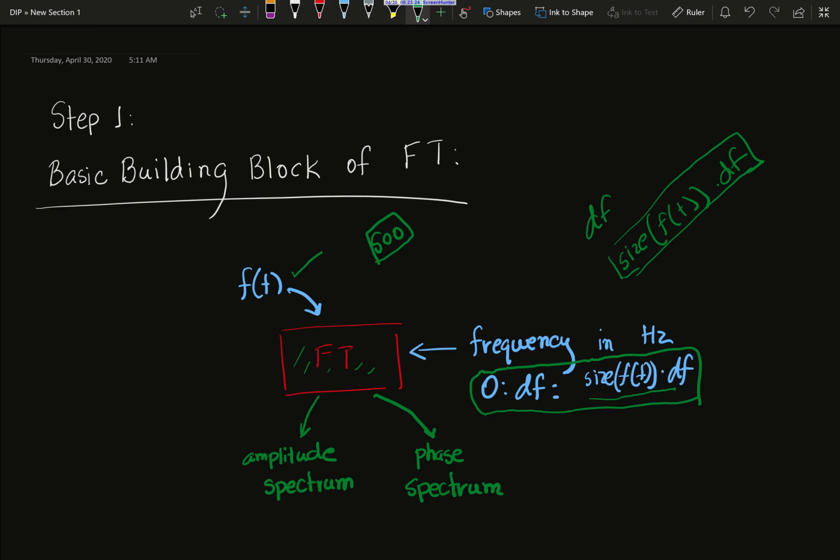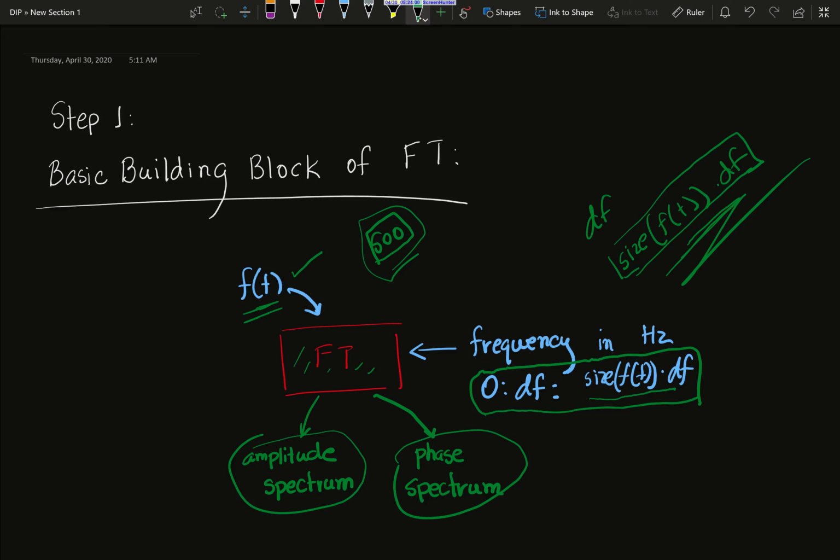Okay, so these frequencies will go in one by one like a for loop. I believe you know what a for loop is. So they will go in one by one, and every time it's gonna take the f of t, the whole matrix of 500 values, and it's gonna return an amplitude value and a phase value for each frequency.